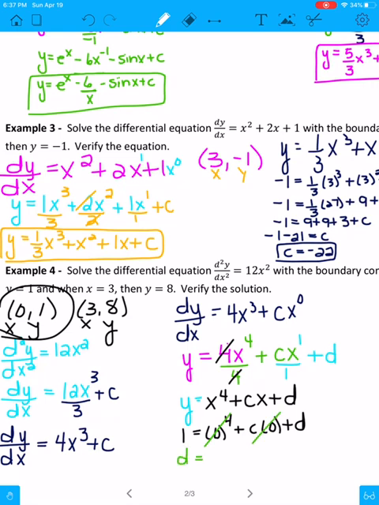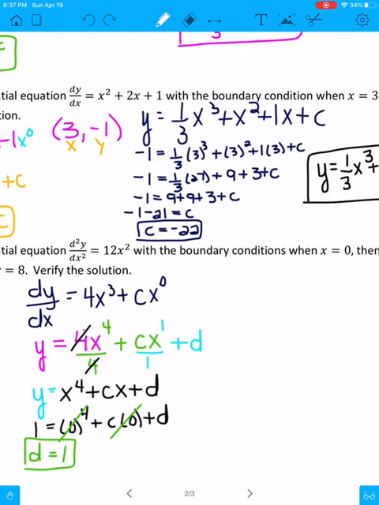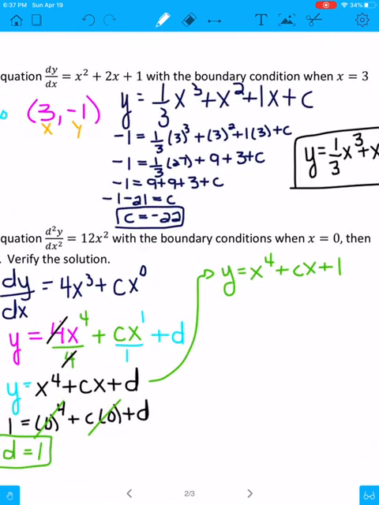So now I know what d is, so I can put that in. So now I'm going to get y equals x to the 4 plus cx plus 1, because now I found out what d is. And I use my other coordinate. My other coordinate is 3, 8.